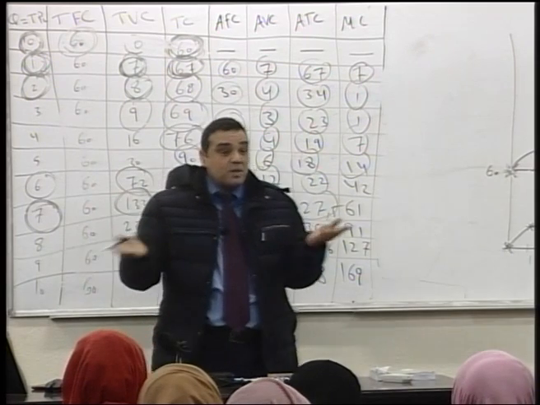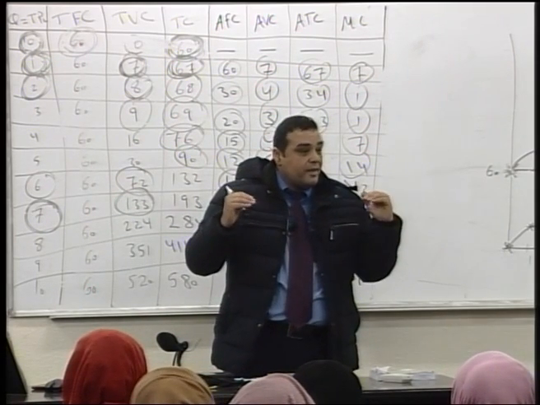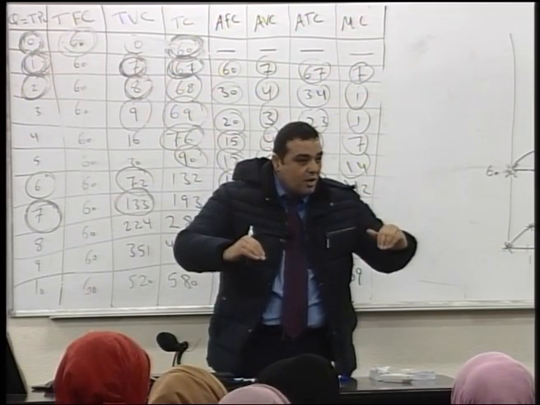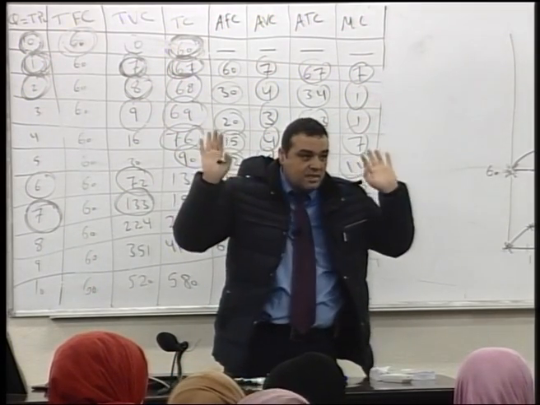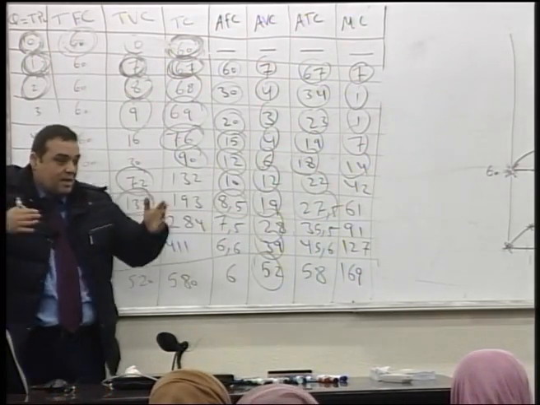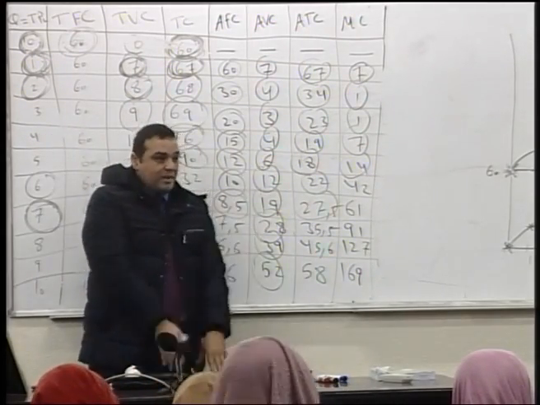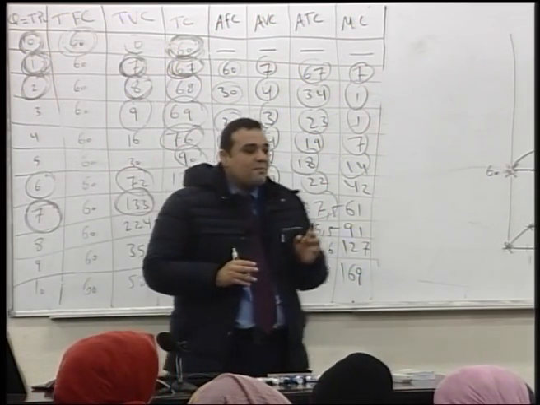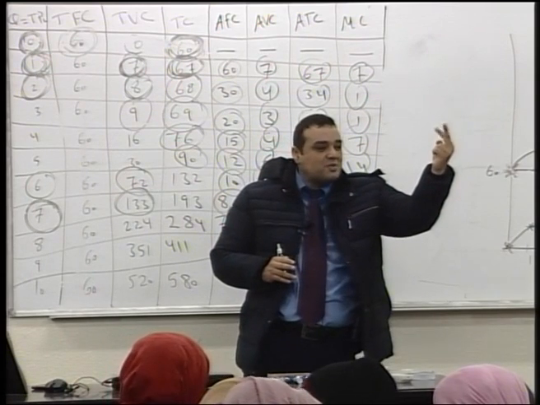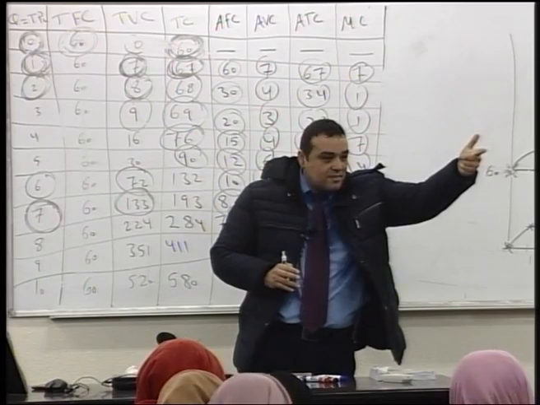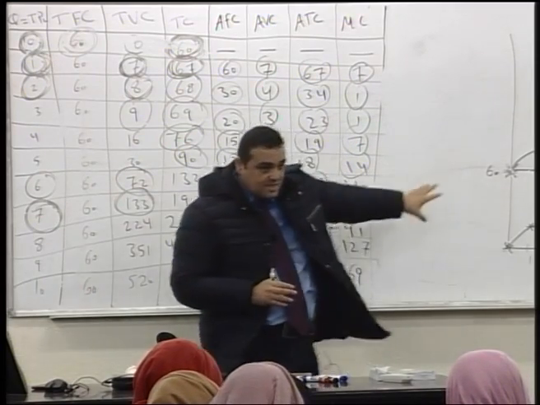So the difference between short term and long term is the period at which we can change all the factors of production. This is the economic difference between short term and long term for us in economics, not in accounting. That's why there are two types of cost, accounting and economic cost. We'll get to that a bit later, once we finish this, okay?